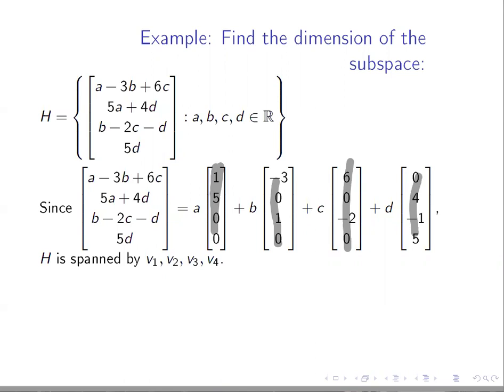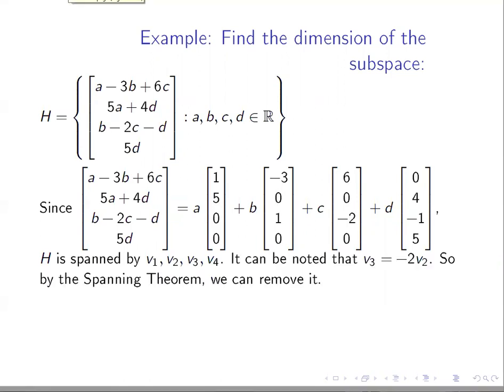Now, to find the dimension, all we have to do is find a basis. Remember, a basis is a linearly independent set that spans. So we have a spanning set. Is this spanning set linearly independent? The answer is actually no. Just a quick observation, you'll notice that these 2 vectors are scalar multiples of each other.